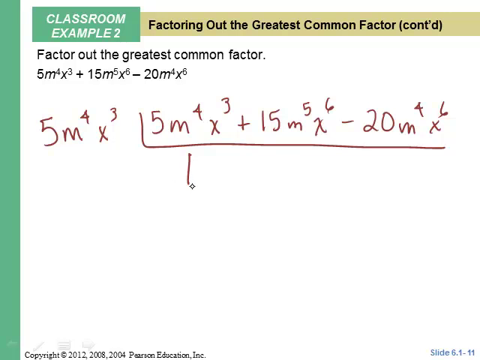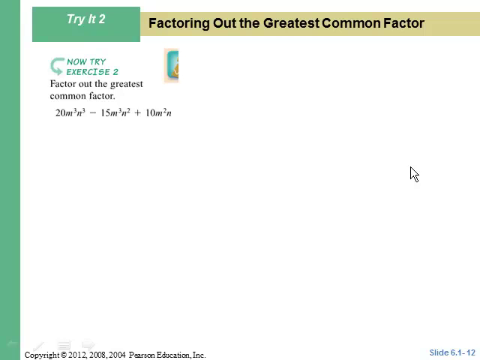Here, we're left with 1. Now, some people would be tempted to not put anything there, but you have to have that placeholder there. So 1 plus 3m x cubed minus 4x cubed. You do this one.